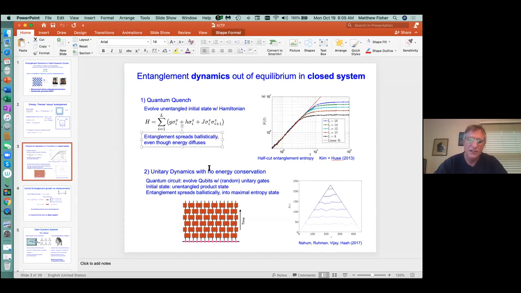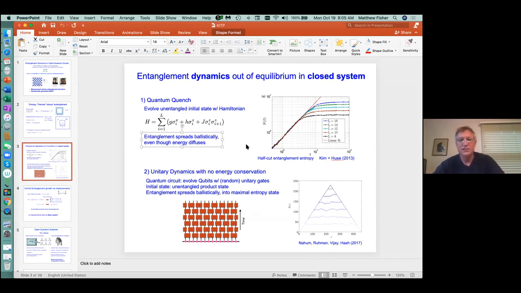One can get rid of energy conservation entirely if one looks at dynamical circuits which evolve with unitary dynamics, as shown schematically here, a figure taken from a paper by Nahum, Ruhman, Vijay, and Haah. They considered evolving a quantum circuit with qubits in one dimension, qubits coupled together with 2-qubit random unitary gates, starting with an initial unentangled product state.